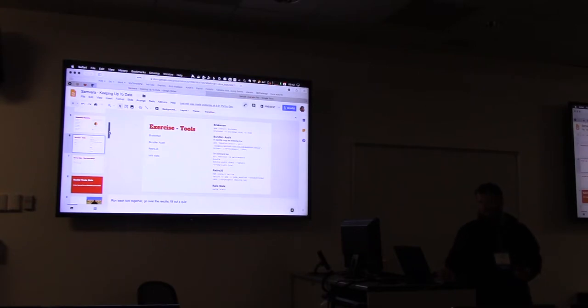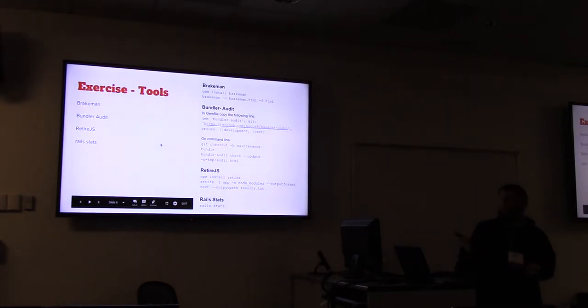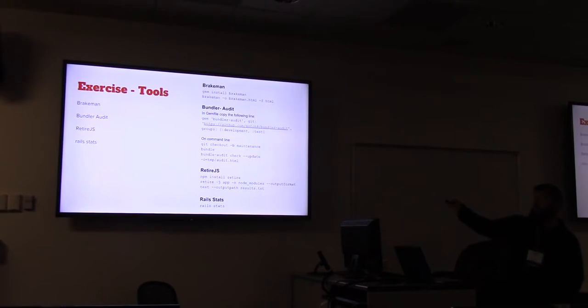Okay, so let's talk about tools. These are the major tools that we use for evaluating a Rails application. We can find Hyrax, non-Hyrax, doesn't matter. We use Brakeman. Brakeman is a pretty good security tool.